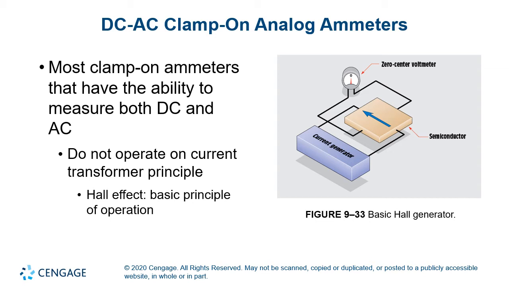That magnetic field is sensed by a device inside. This is a semiconductor known as a Hall generator. This is a very simple Hall generator, known as a basic Hall generator, and it actually measures the Hall effect. It was discovered in the late 1800s, and it allows us to measure voltage without having direct flow.